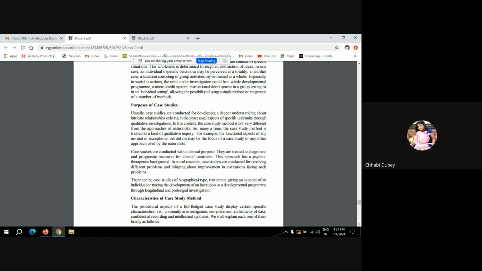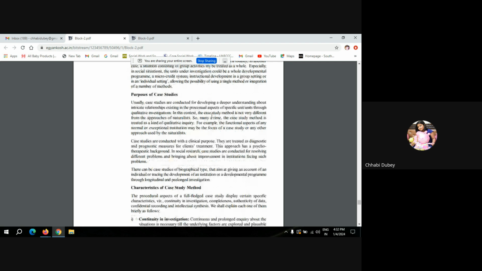In social research, case studies are conducted for resolving different problems and bringing about improvement in institutions facing such problems. So generally, we do case studies with a clinical purpose, in order to treat or diagnose a particular problem, or bring about improvements to the problem.